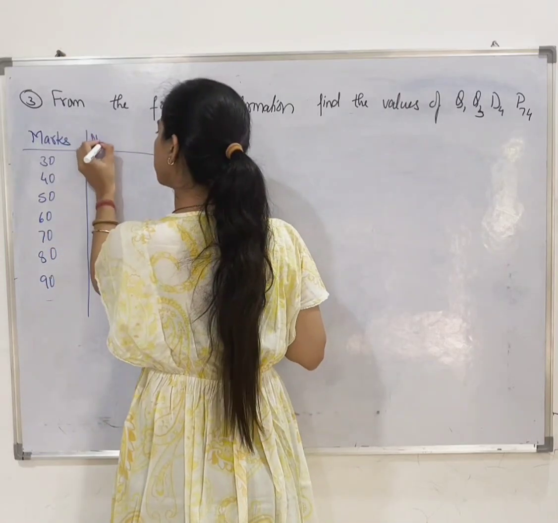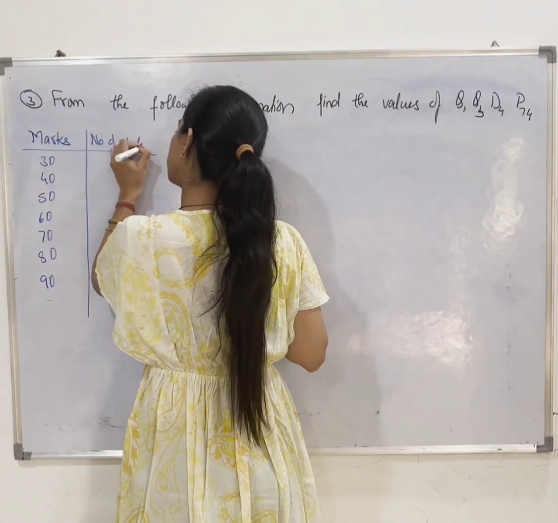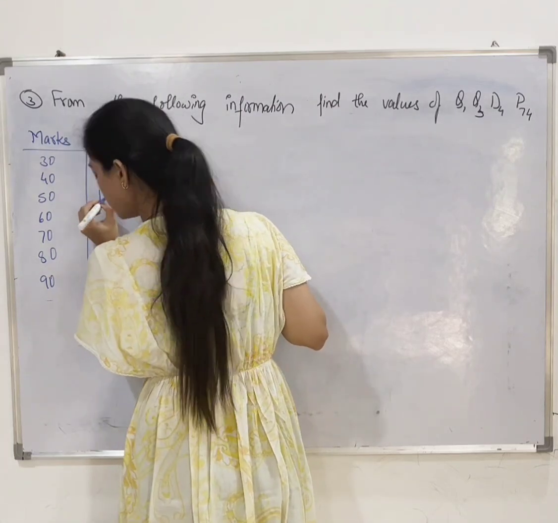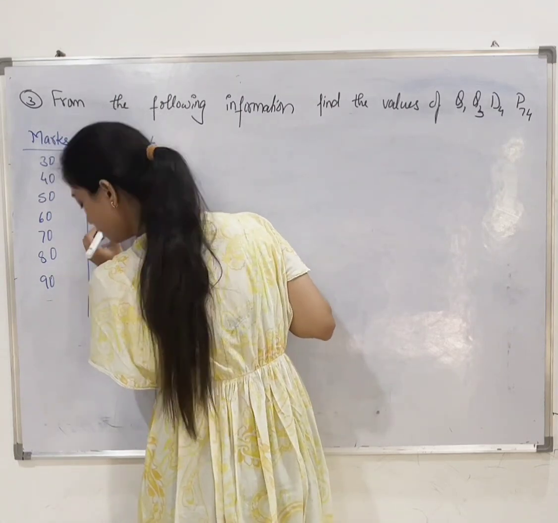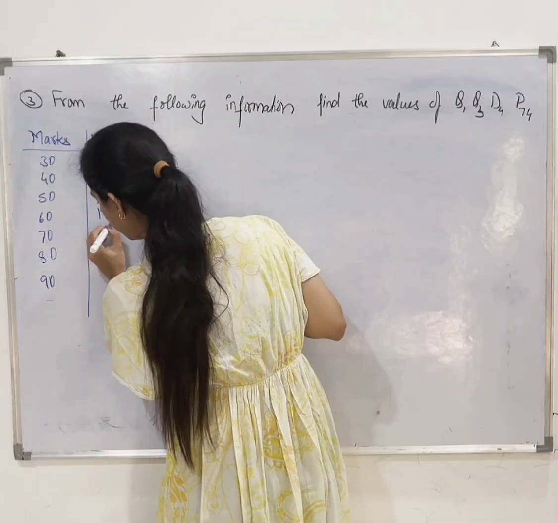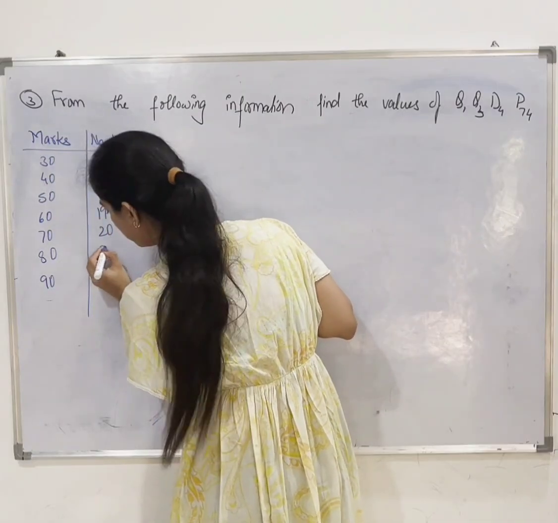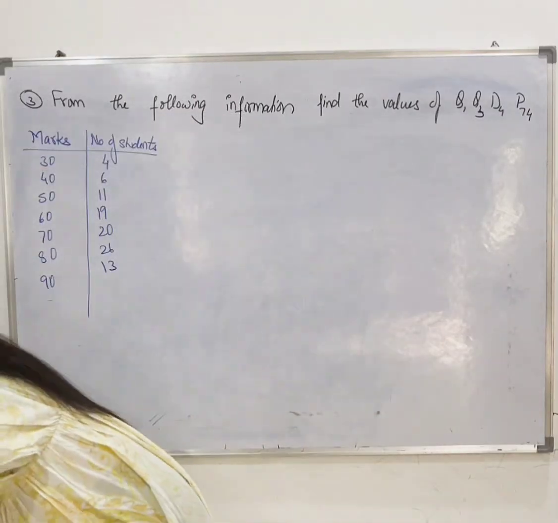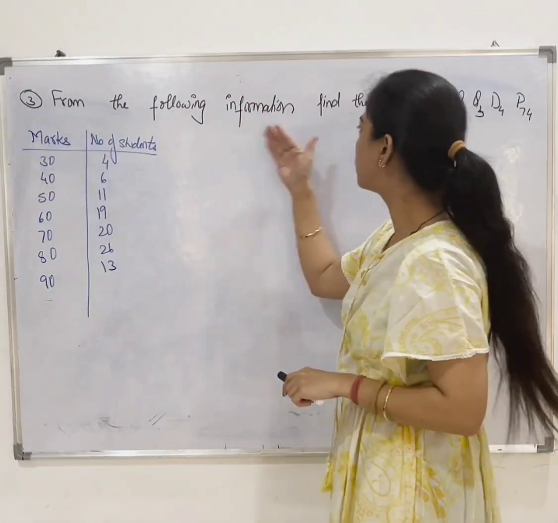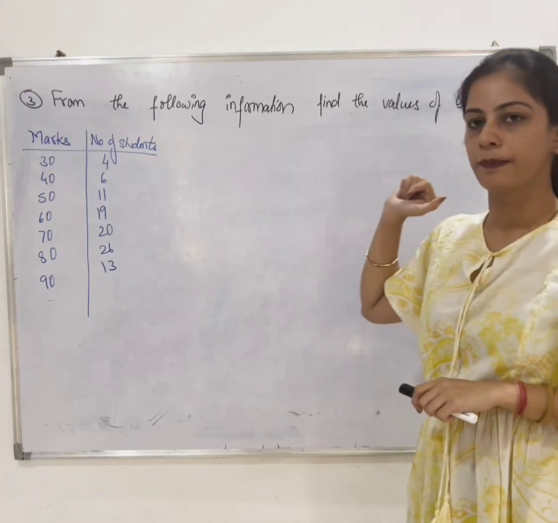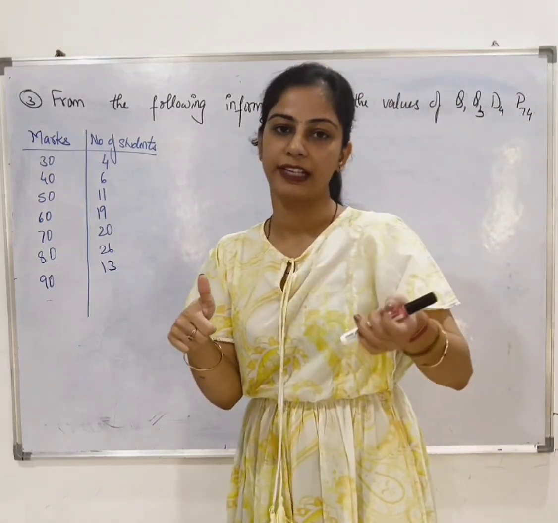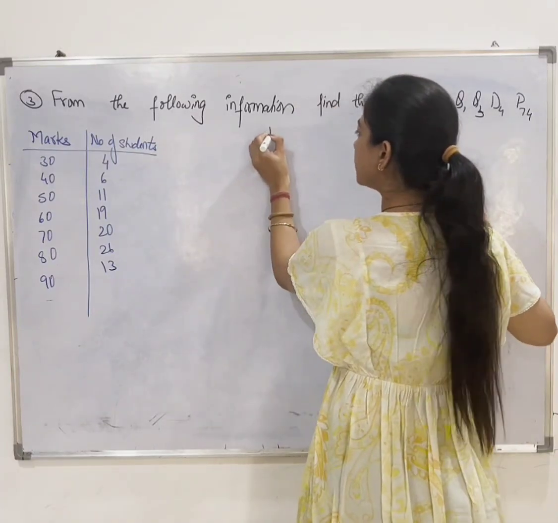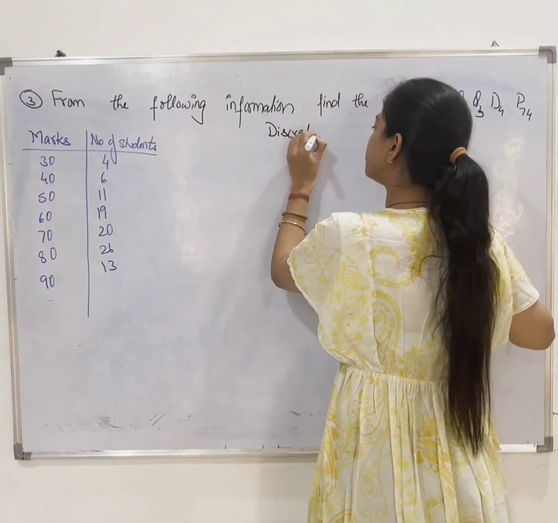Number of students: 4, 6, 11, 19, 20, 26, and 30. So this is the question given to us and we need to find the different values. First of all, we need to know which kind of data is given to us. Here we have marks and number of students, so this is discrete data.